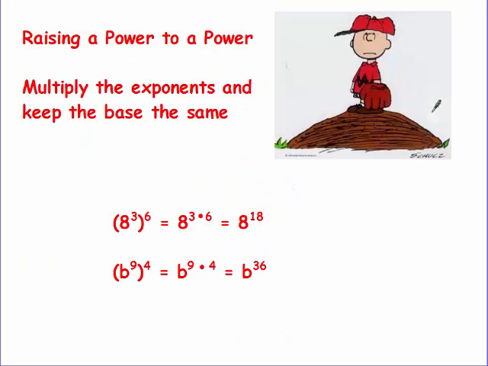Next rule, raising a power to a power. You're going to multiply the exponents and keep the base the same. So if you think about this, 8 cubed to the 6th power really is saying 8 cubed times 8 cubed times 8 cubed. I'm going to do this 6 times.